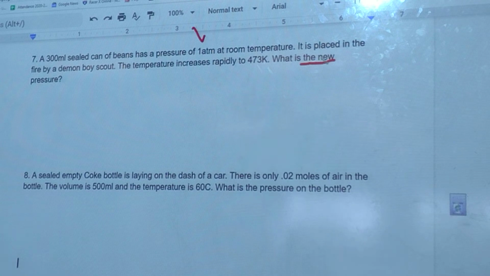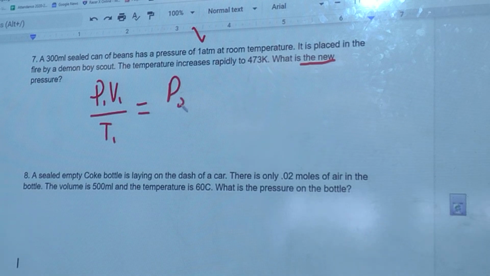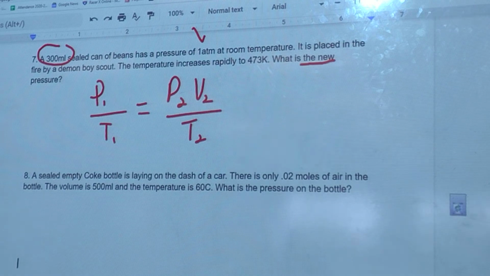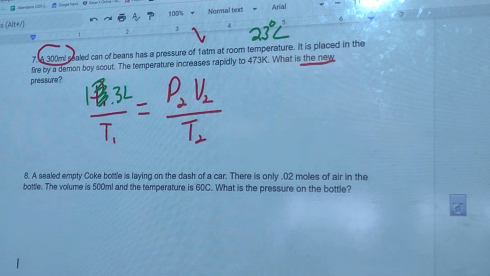We know that we're going to be using the combined gas law because we're asked for a variable twice. So 300 milliliters, that is 0.3 liters because there's 1,000 milliliters in a liter, right? 0.3 liters. 1 atmosphere of pressure. At room temperature. Room temperature is 23 degrees Celsius. I hope you remember that. So we write 296.